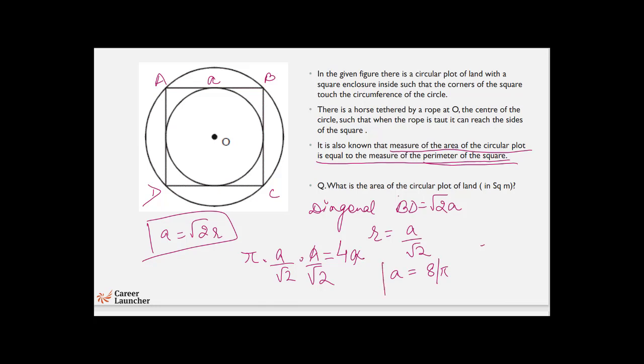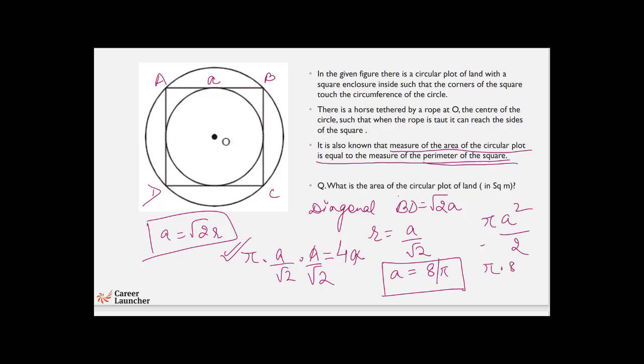Okay, this is what we have got, A, in terms of pi. Now the question here was, what is the area of the circular plot? Area of the circular plot was pi a square by 2. So we'll just put that value. Area of circular plot is pi a square by 2, and A happens to be 8 upon pi.